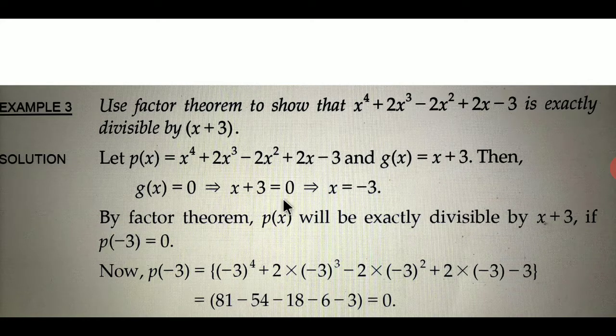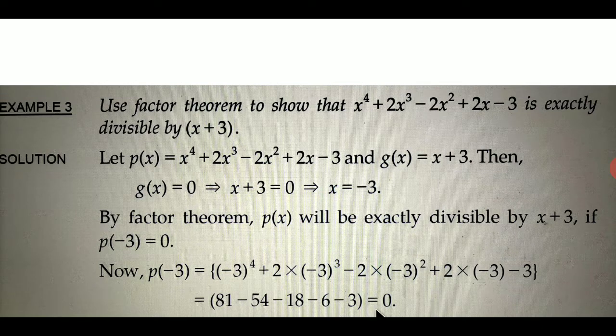g(x) equal to 0 implies x equal to minus 3 by factor theorem. Since here you have to use factor theorem, we will write by factor theorem. Therefore, by factor theorem, p(x) will be exactly divisible by x plus 3 if p(minus 3) equal to 0. Just put it and calculate.